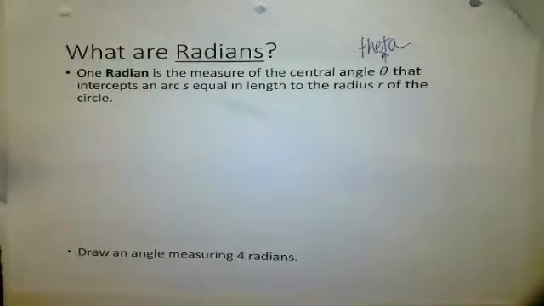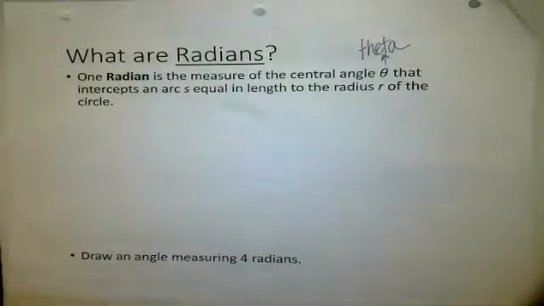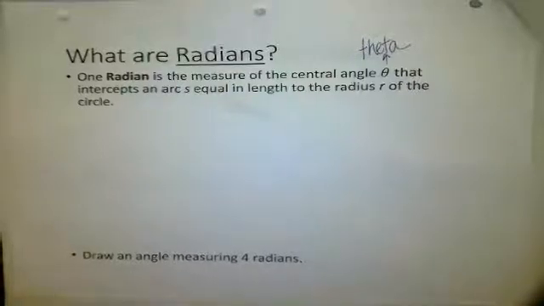And again, a radian is still a measure of rotation, just like angles are, that intercepts an arc, S, equal in length to the radius R of the circle. So the radius of the circle is equal to the intercepted arc.